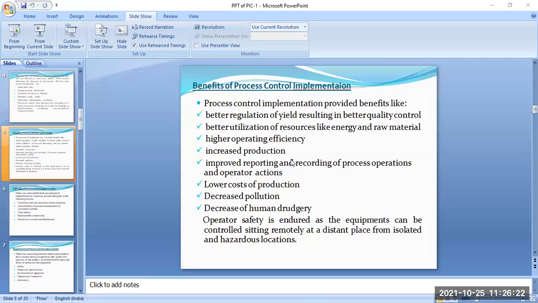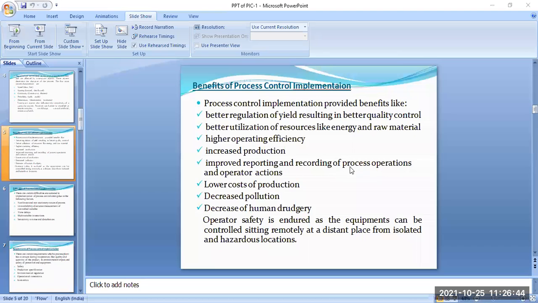So nowadays we have to use modern types of technologies and modern instruments. Depending on these modern technologies or instruments, we can easily increase the production level or production unit also.